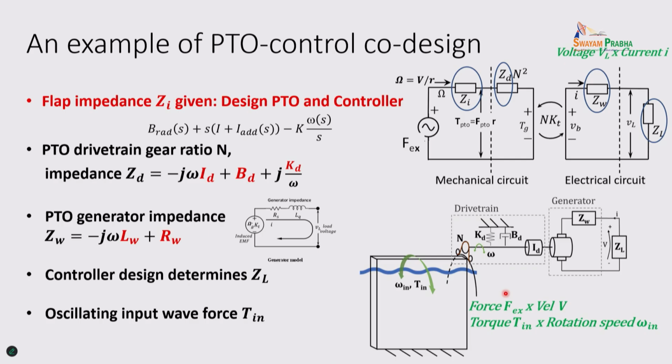Which one do you want to maximize? Definitely you want to have more electricity, and then mechanical power is something in between, right? Previously, we always said, now you match the frequency, then stiffness and inertia are cancelled. Then you have force and velocity in phase.